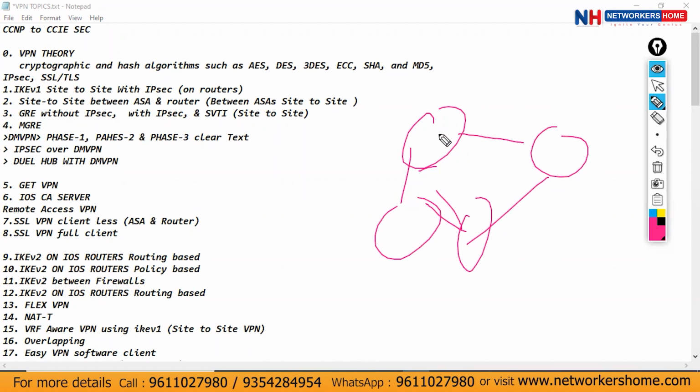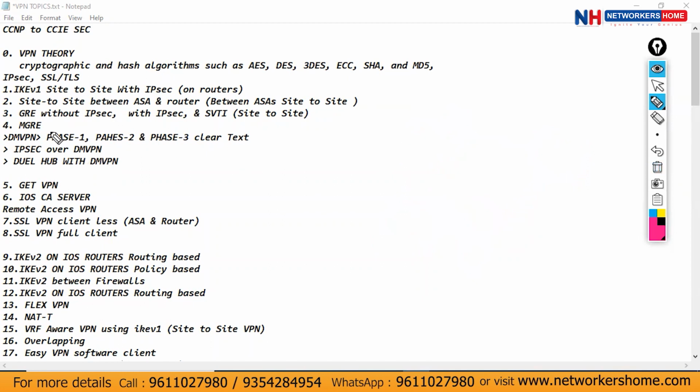I mean, this site should have information of these three sites, and this one again should have information of the other three. So all of them have each other's information. If I'm adding one more site, you have to add that site in the existing sites, and all the existing sites must also be added on that new site. So the configuration in MGRE was very complex, quite complicated. It wasn't a scalable type of solution.